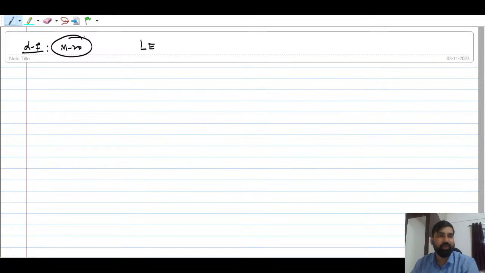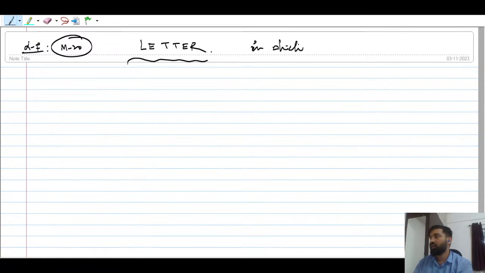LETTER. So you have to form a number of words, with or without meaning, in which the vowels never come together.